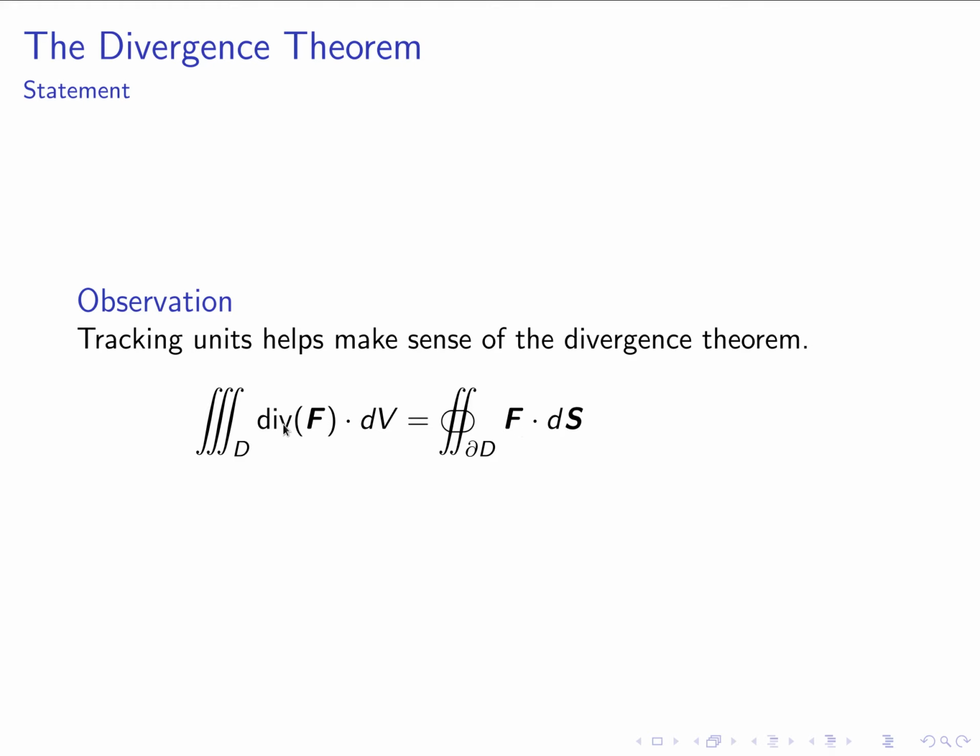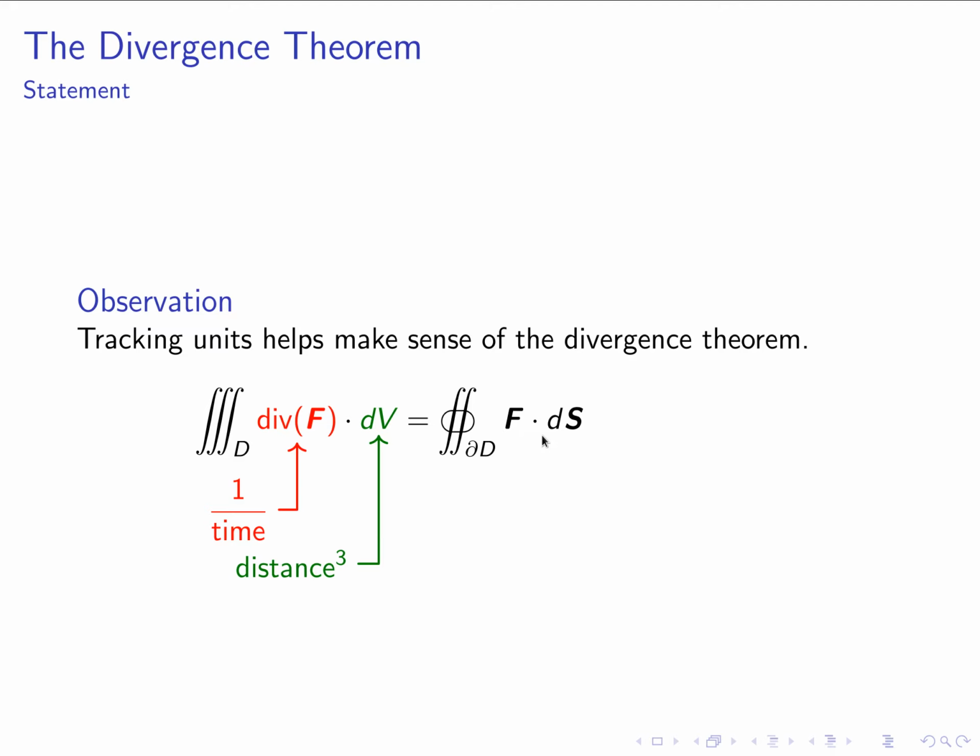If we look at the units for divergence, remember that in this context, the vector field has units given by velocity, and then when we differentiate each coordinate, we're dividing by distance units. So the units on the divergence are 1 over time, and then dV carries the distance cubed unit, which is the volume unit. So when we multiply 1 over time by distance cubed, we get volume per unit time.